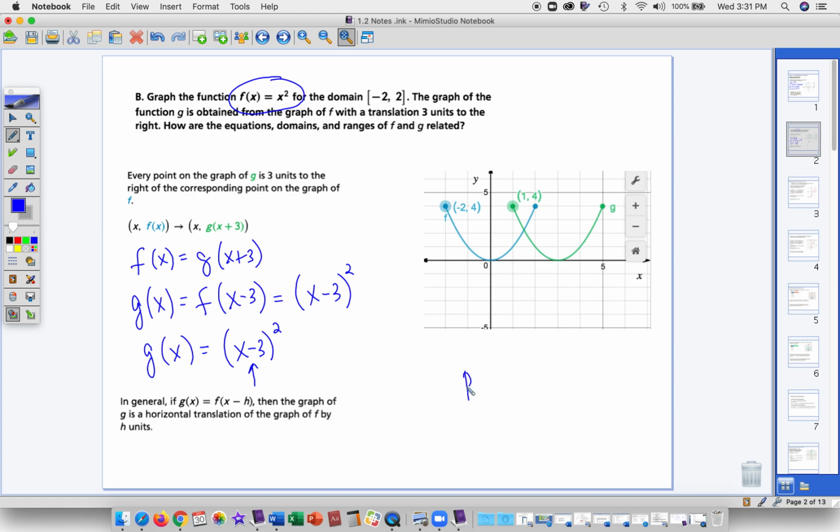If we had another function, I'll call p of x, and let's say it was x plus 4 squared, I'm just making this up, with that being a plus, it would go to the left. So horizontal shift is always opposite of what you would think.